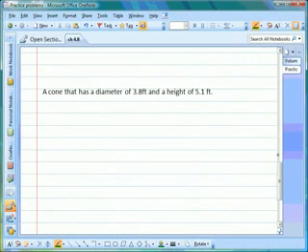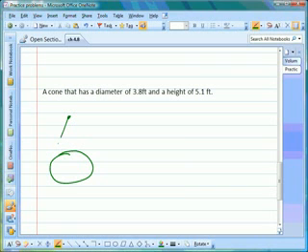Okay, here's our last one. A cone that has a diameter of 3.8 feet and a height of 5.1 feet. Go ahead and solve this. Okay, at this point you should have it solved. I'm going to go ahead and draw the picture because I like pictures.